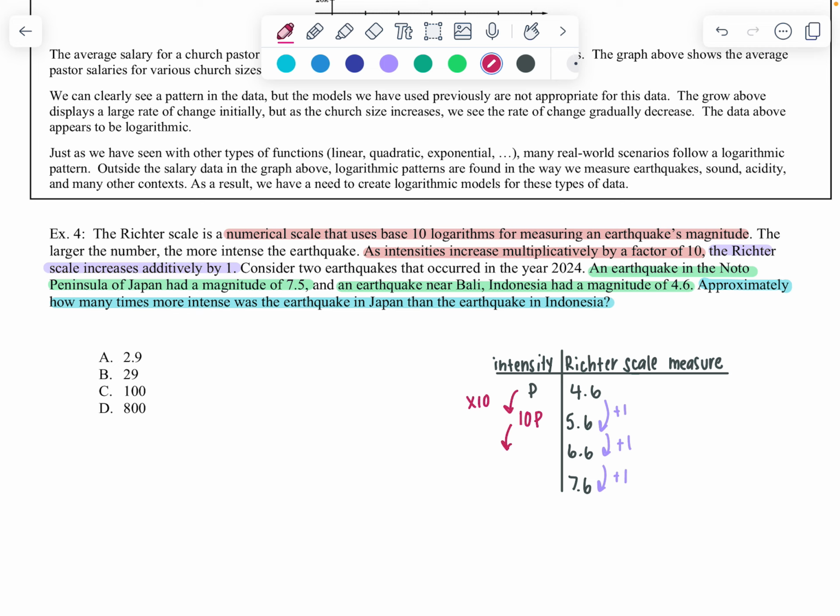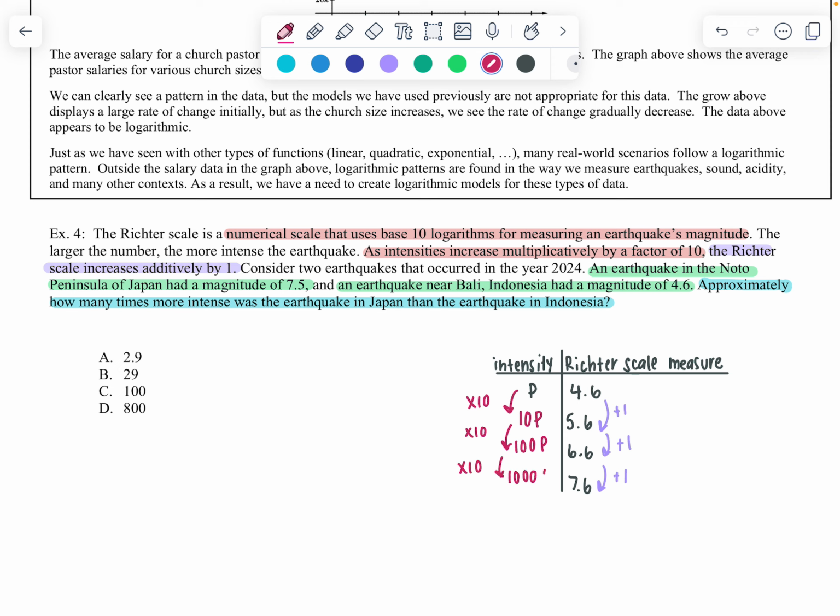Again, at 6.6, we know that it's 10 times more powerful than the earthquake above, so it's 100 times more intense. Now, to get to our 7.6, we know that this is 10 times more intense than the previous one. So 1,000 times more intense.